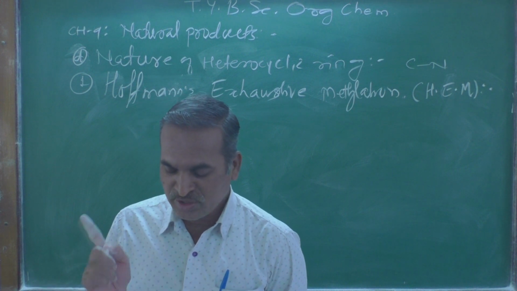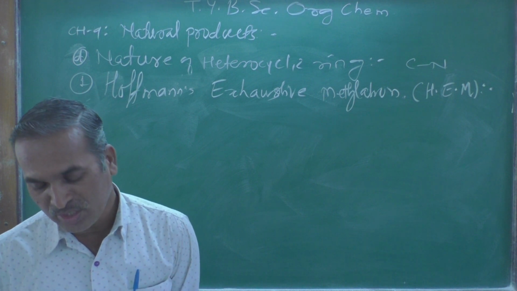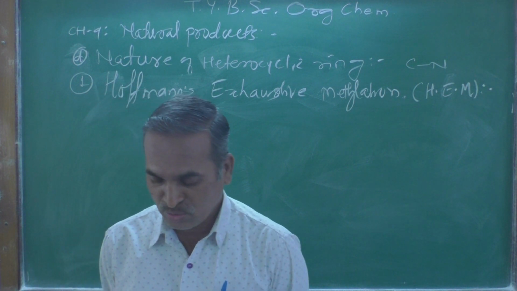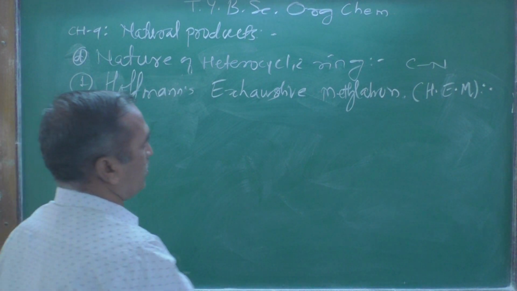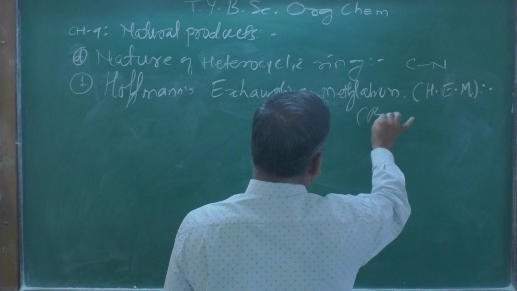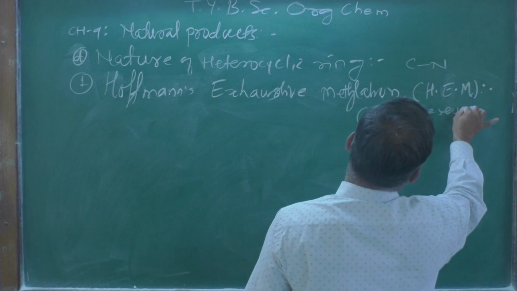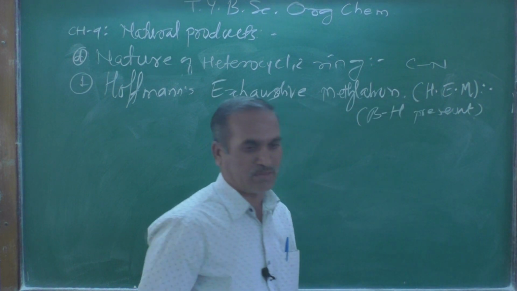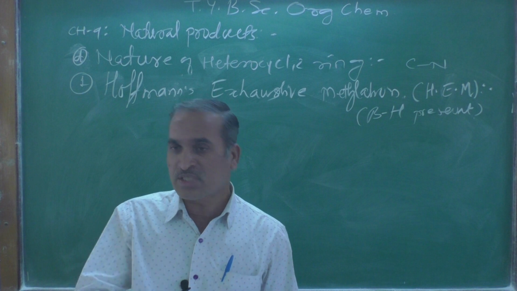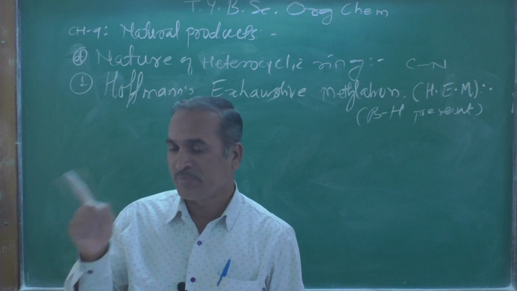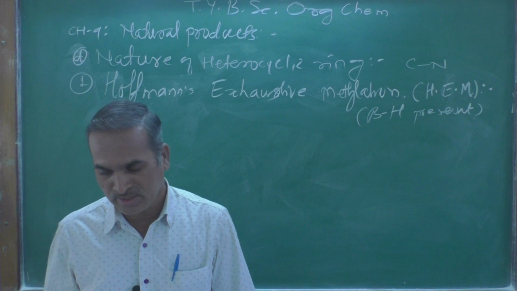Remember, this method is only applicable when a beta hydrogen is present. If a beta hydrogen atom is not present, we cannot use this method for the detection of the nature of the heterocyclic compound.